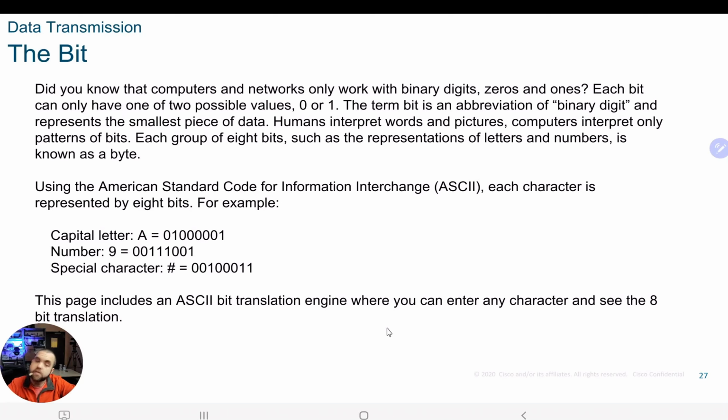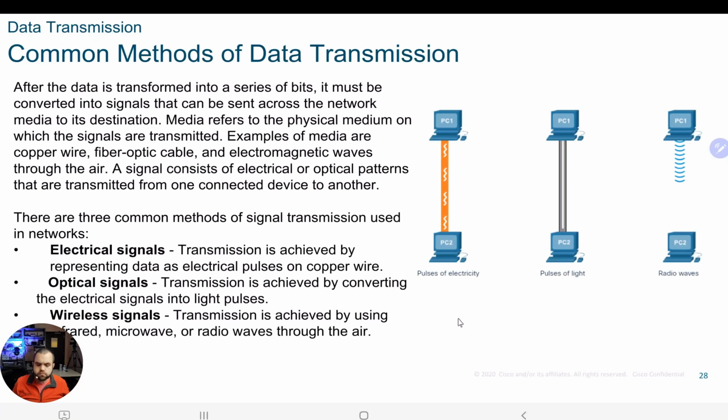Hopefully that was a cool experience where you can see how to convert those two different things. So how do we move this data around? Well, there are 3 main ways that we can move these bits and bytes across our network, or across the WAN, the wide area network, which is across the world. The first way that we do it is with electrical signals.